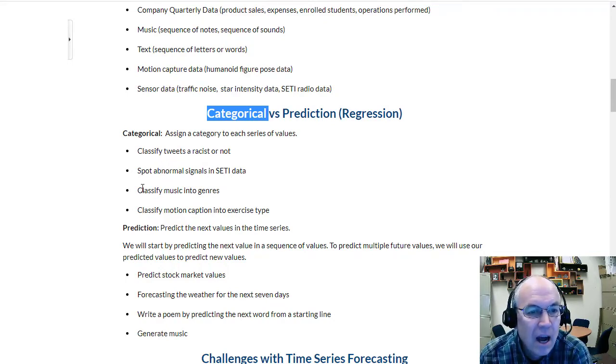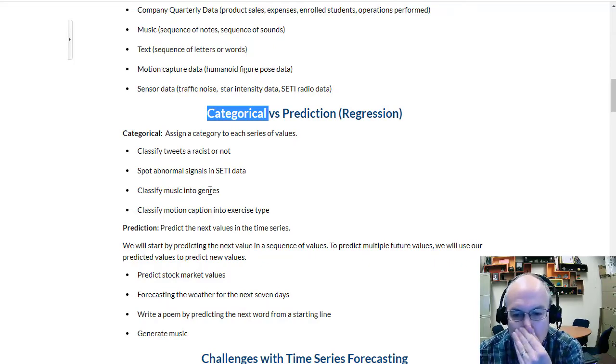We might take music and try to classify it into genres, or even take classical music and classify it by composer. If you hear a 10-second clip of a classical music piece, can you identify the composer who wrote it? Or similarly, with pop music, can you identify the artist or the genre it's in?